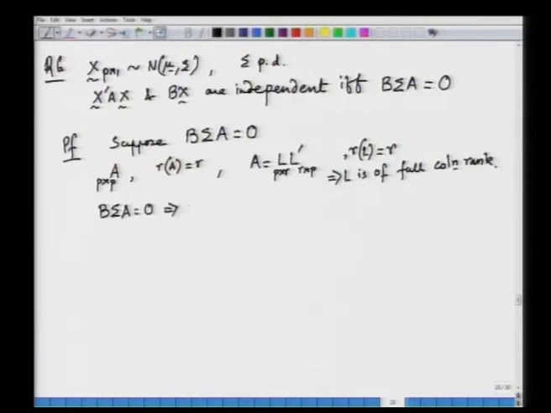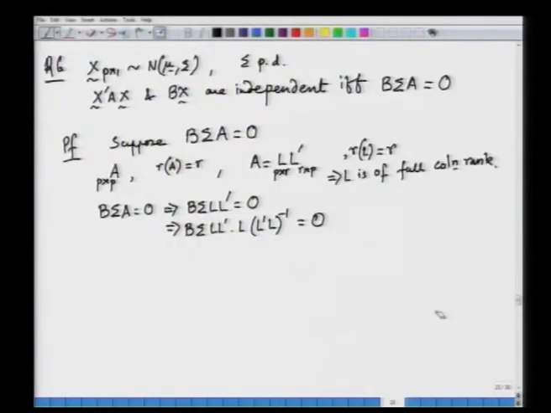Now we have B sigma A, given that this is null. Well, I am now going to use that A is nothing but L L transpose. So, this is null. What I do now is I bring in, extra, L transpose L inverse. This side still remains a null matrix. No problem in doing this.